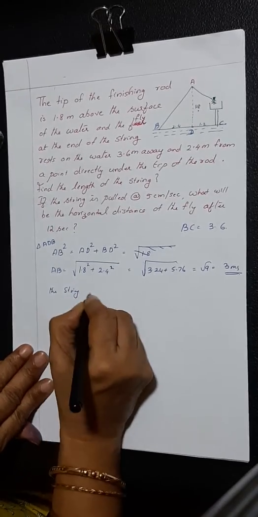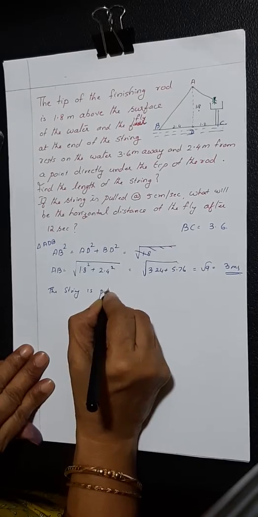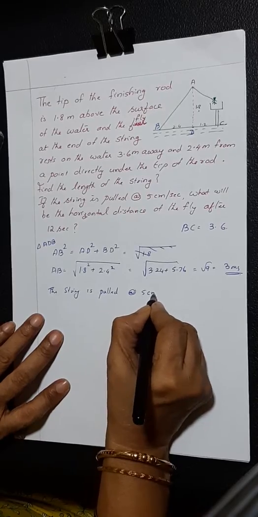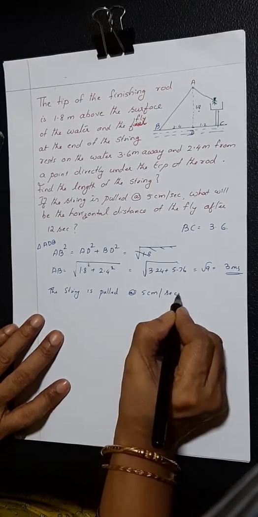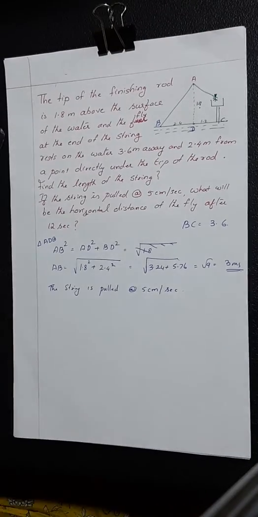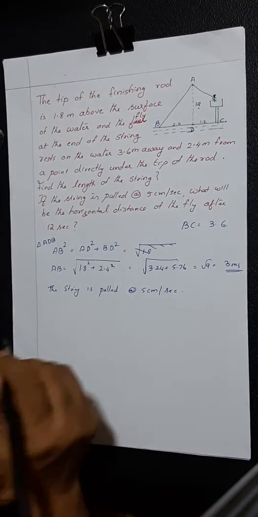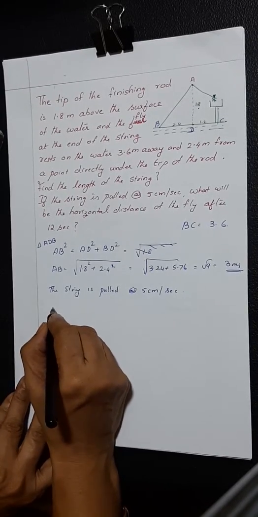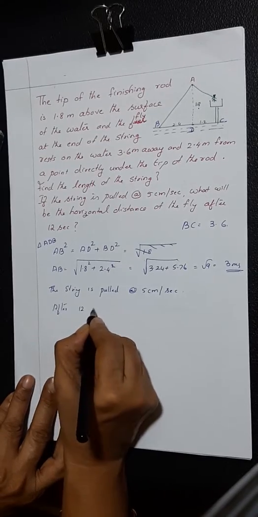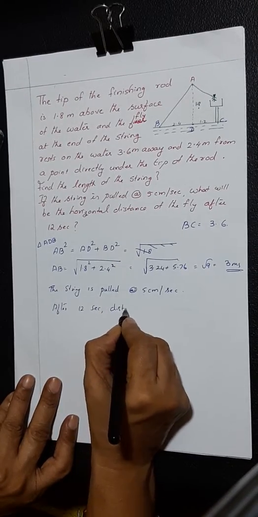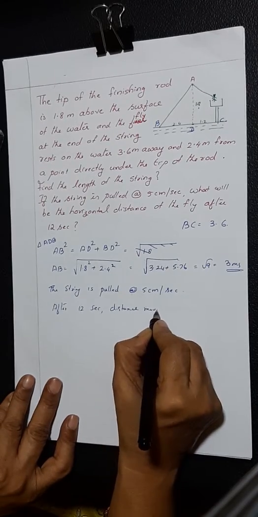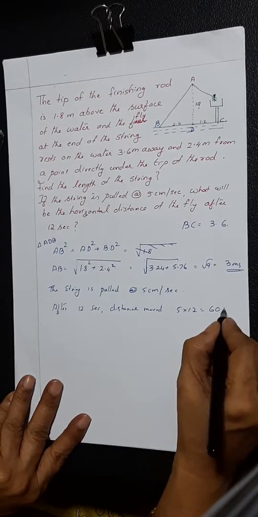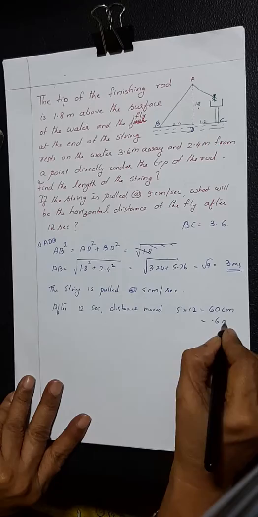So after 12 seconds, the distance pulled will be 5 into 12, so 60 centimeters, that is equal to 0.6 meters.